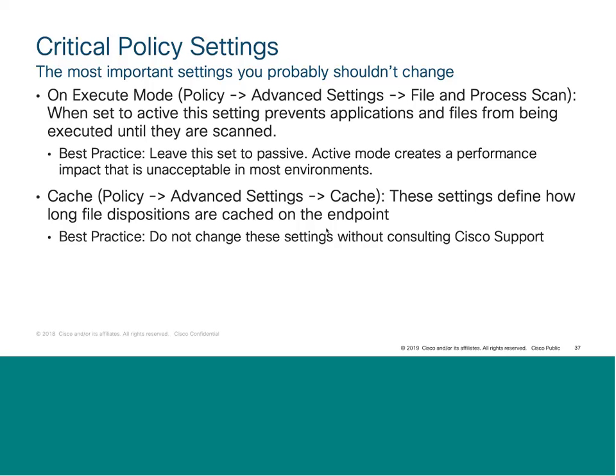So unless you've talked to Cisco support and they have given you a reason to modify the cache settings, please do not change these settings. It impacts both our cloud infrastructure and it impacts the bandwidth usage for the customer. It can also cause other negative performance impacts on that endpoint, so it's highly recommended not to change these settings.